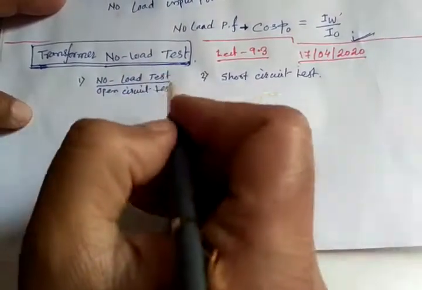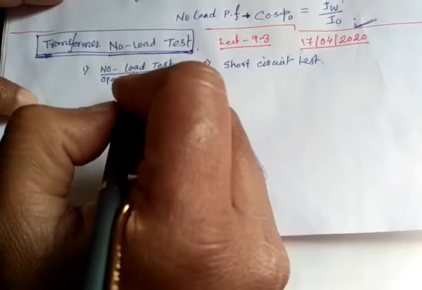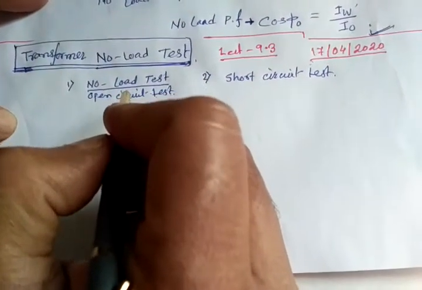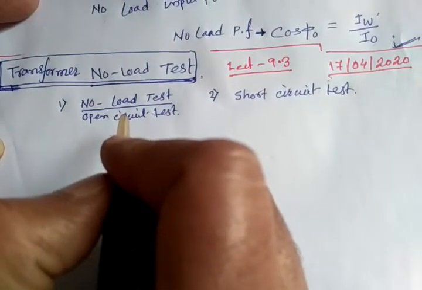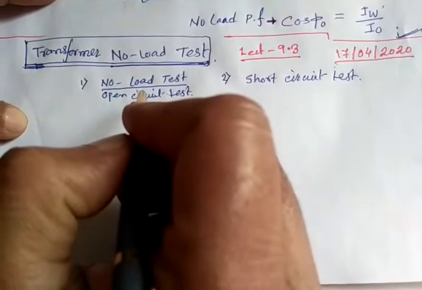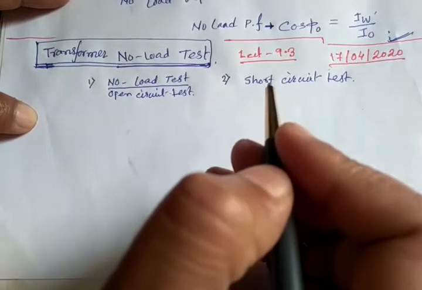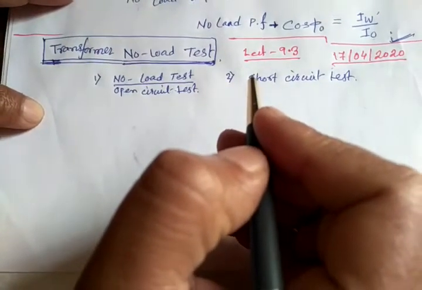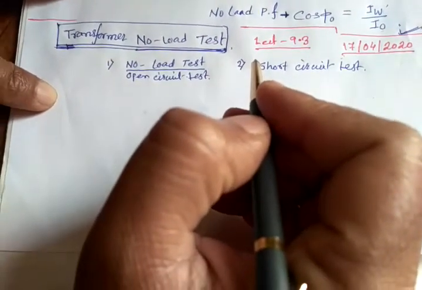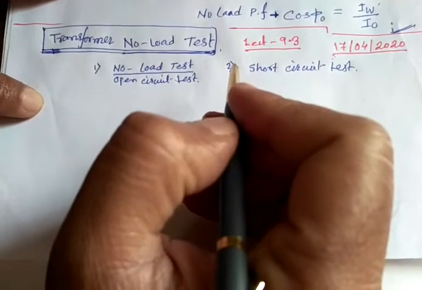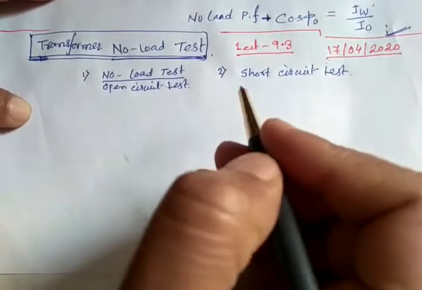We have already discussed efficiency in lecture 9.1, and there we saw that for calculating the efficiency we need the copper loss at rated load and the constant losses, that is iron loss or core loss. Both losses are required.